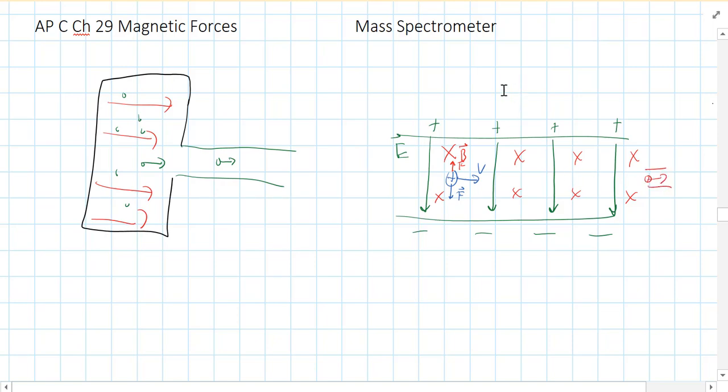So you know their velocity. The equation is really simple: you want the electric force downward to equal the magnetic force upward, so qE equals qvB. The q drops out, and the velocity is simply v equals E divided by B. That's the velocity selector part of the mass spectrometer.